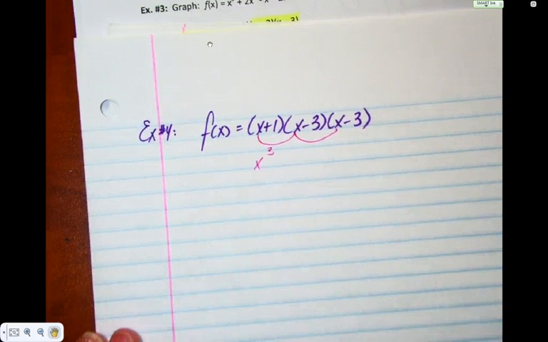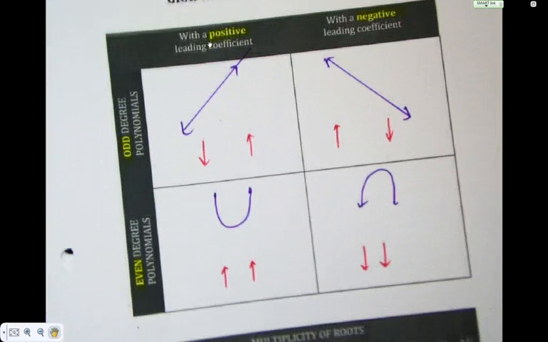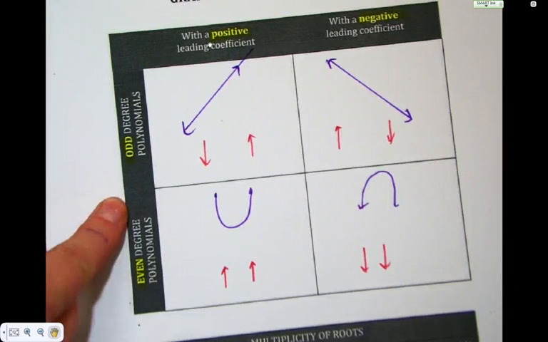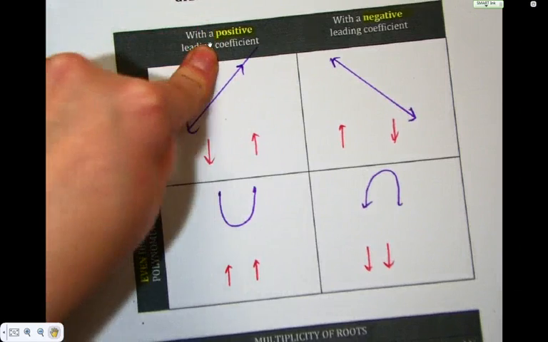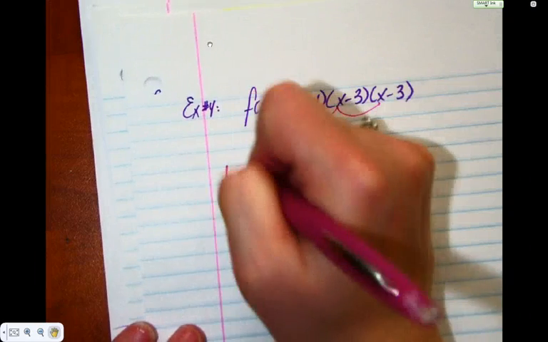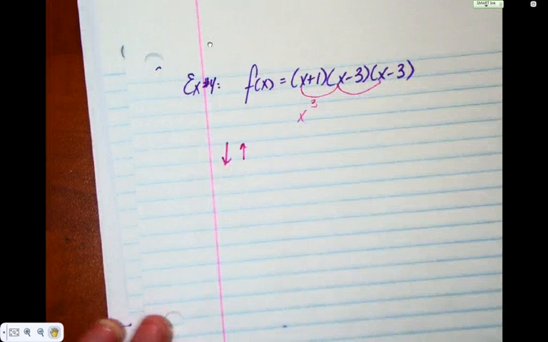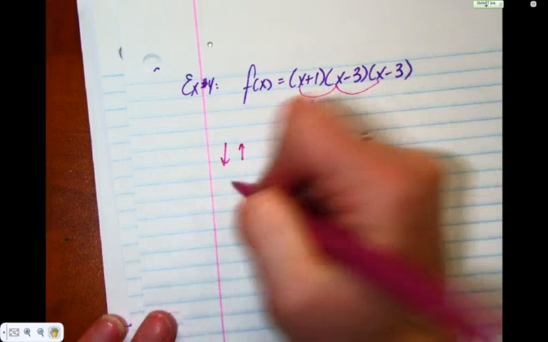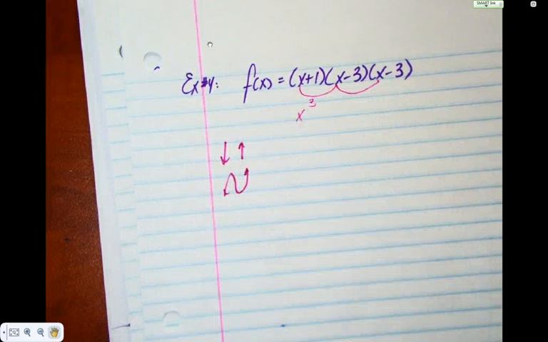Okay, so you can either go to your chart, or if you've already got this memorized, you're looking for odd polynomial, positive leading coefficient. Tell me about the end behavior. Down and up. Tell me about the number of max mins. 2. Again, you're not required to write any of that down. If you want to, great, but you don't have to.